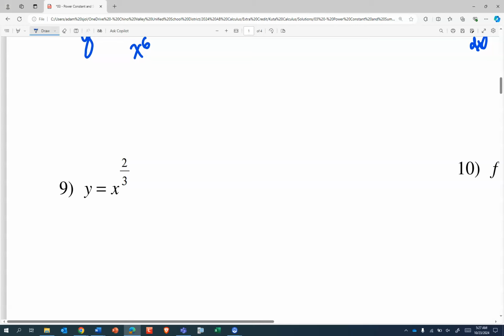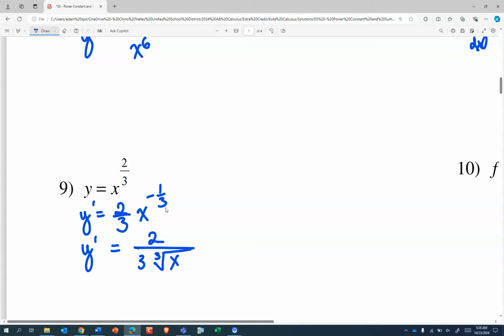So the derivative of x to the 2/3 is 2/3 x to the negative 1/3. And let's go ahead and rewrite that much prettier. 2 over 3 times the cube root of x.